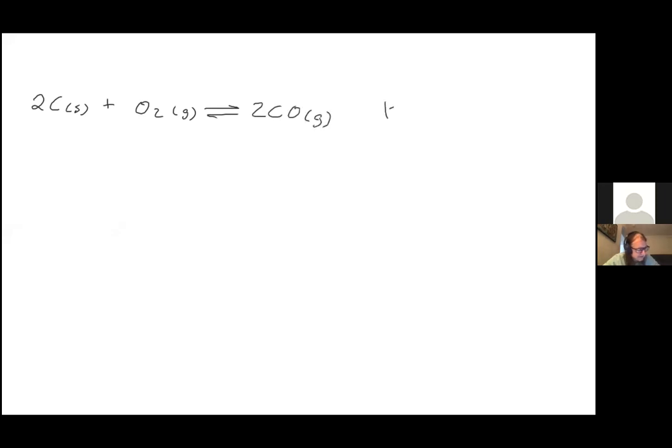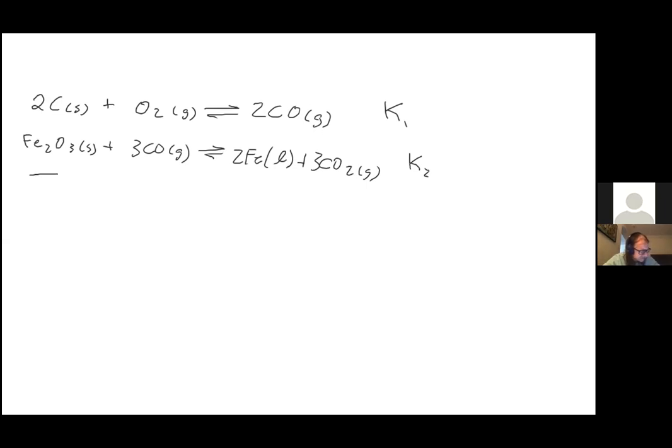And this is K1. Now, I'm going to write down the second one right underneath it: Fe2O3 plus 3CO goes to 2Fe plus 3CO2, and this is K2. And then what we want to do is figure out what the K is for this reaction.